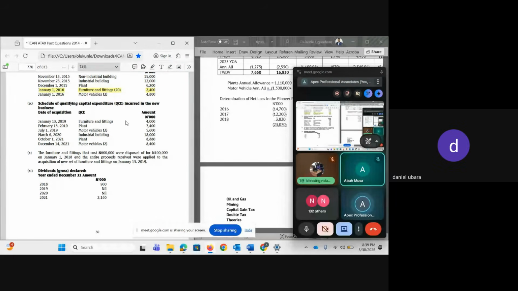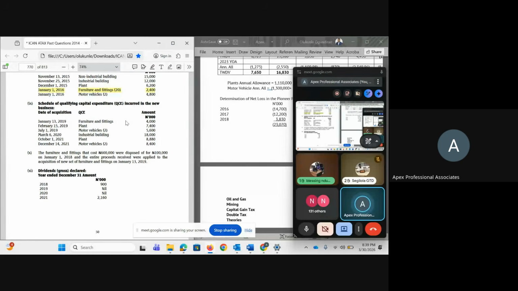You don't have that in the pioneer period, because there was no profit, or better put, there is no tax. So of what benefit is this to the tax authority when you're not paying tax and we are not granting you allowances? That's why it is irrelevant, because it's in the pioneer period. So there's no tax. Let me start from there.